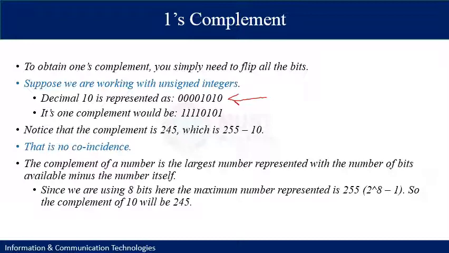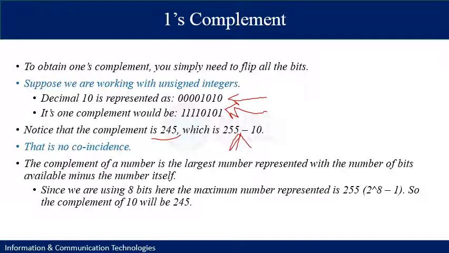Each bit that is 1 is converted to 0, and each bit that is 0 is converted to 1. So the negative representation will be like this for the same number. Now you can notice that the complement is equal to 245 in decimal, which is 255 minus 10.